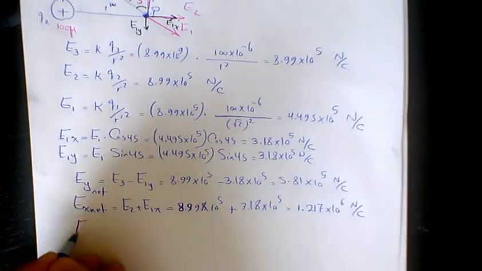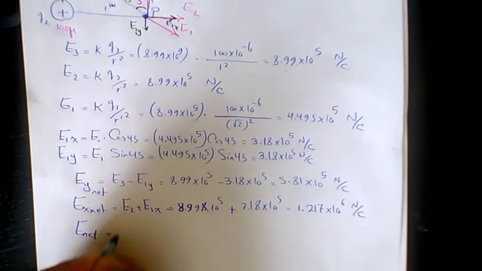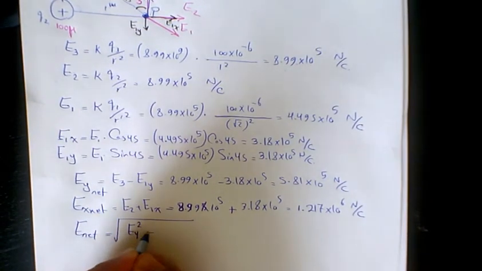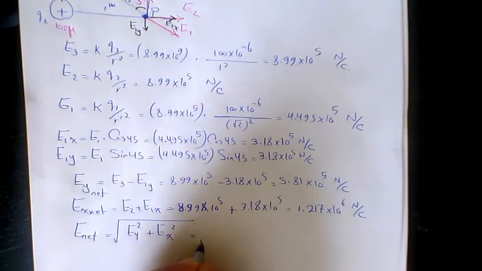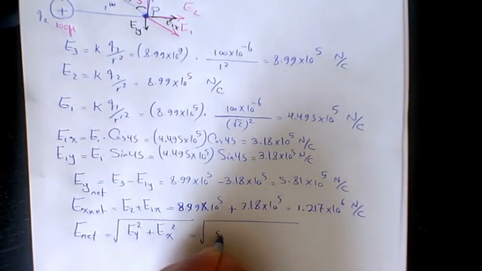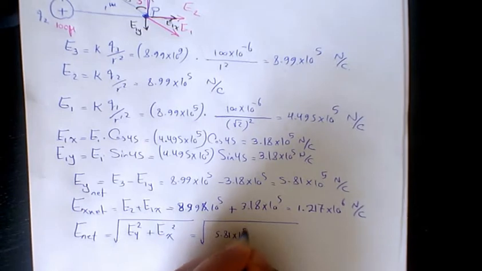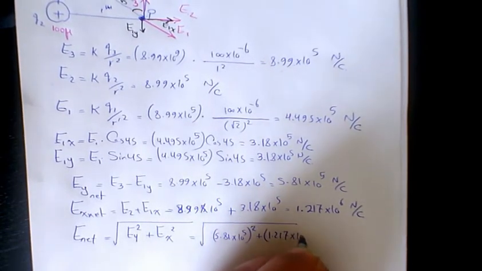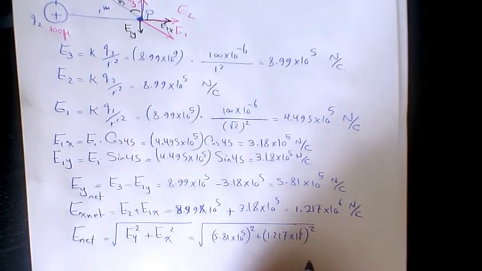In order to find E net, it's going to be the square root of EY squared plus EX squared, which will be 5.81 times 10 to the power of 5 squared plus 1.217 times 10 to the power of 6 squared.